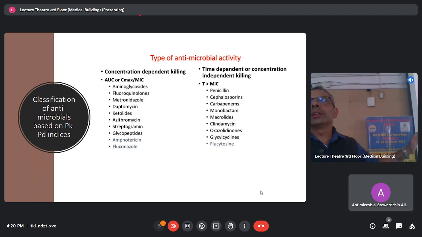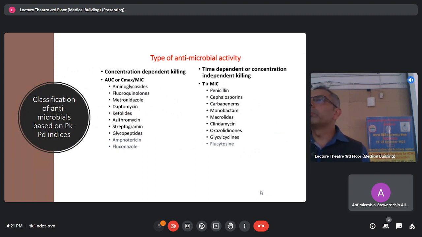Now, this is an oversimplification of antimicrobial pharmacodynamics. The pharmacodynamic parameter is dependent on the drug and the bug combination. It is not a general principle, and it does not apply to all situations. If you are seeing concentration-dependent killing for Pseudomonas, it may not be the same for Streptococcus pneumoniae.